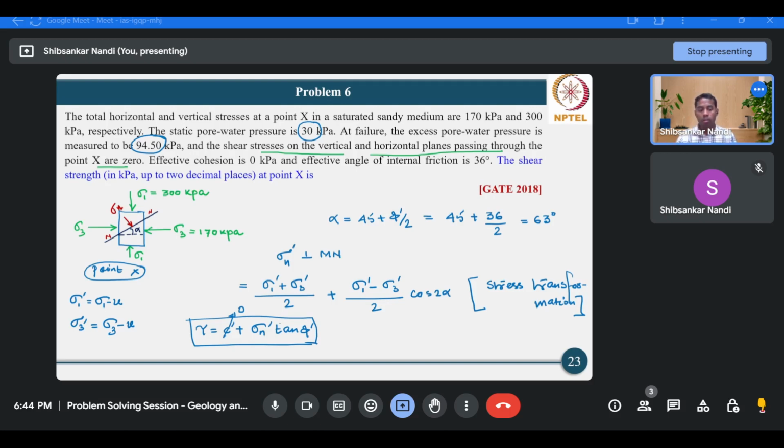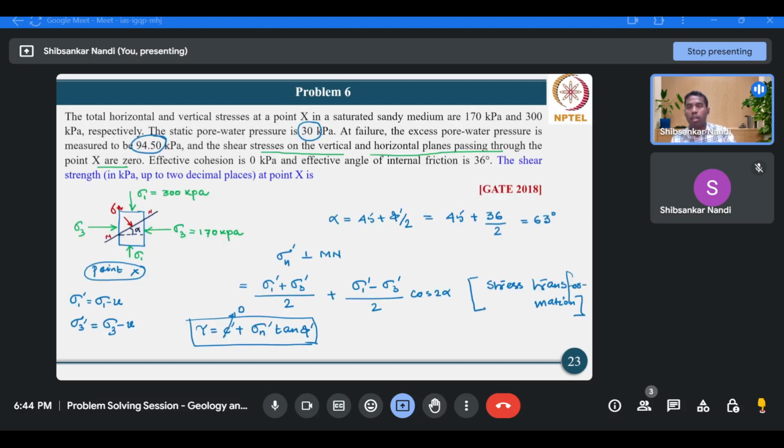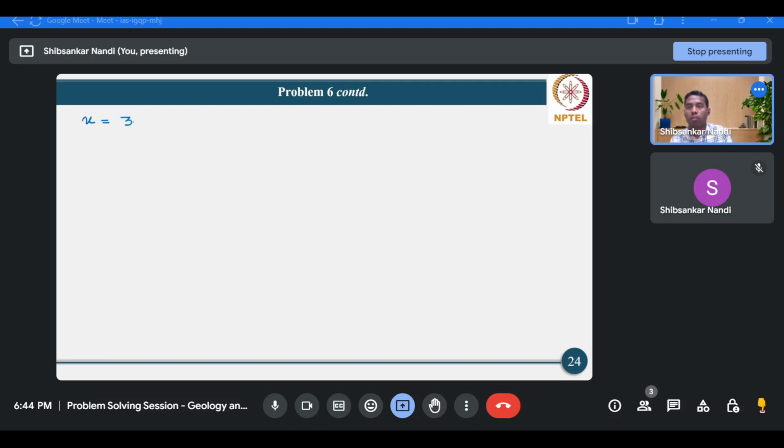Now we'll try to get the actual values. First we'll calculate the total pore pressure. It's 30 plus 94.50, that is 124.50 kPa.